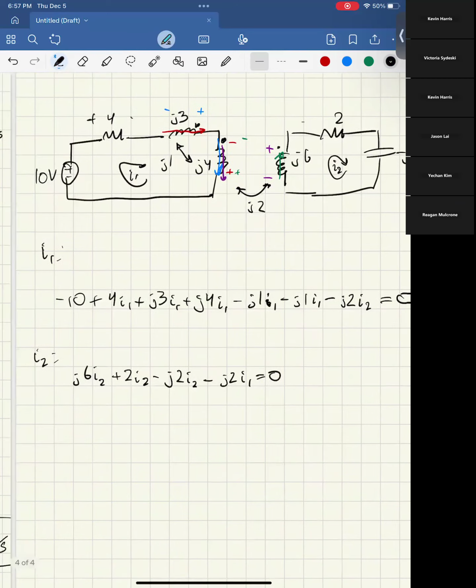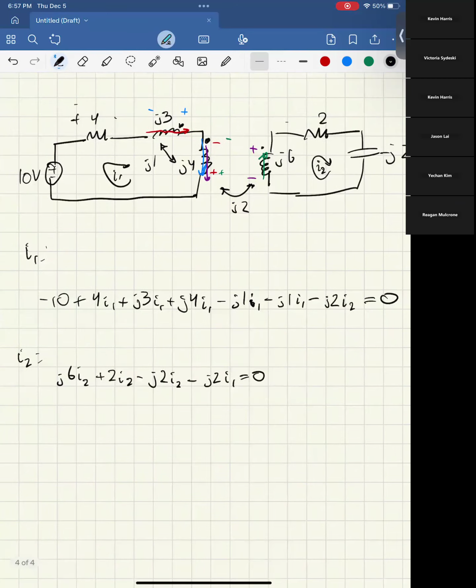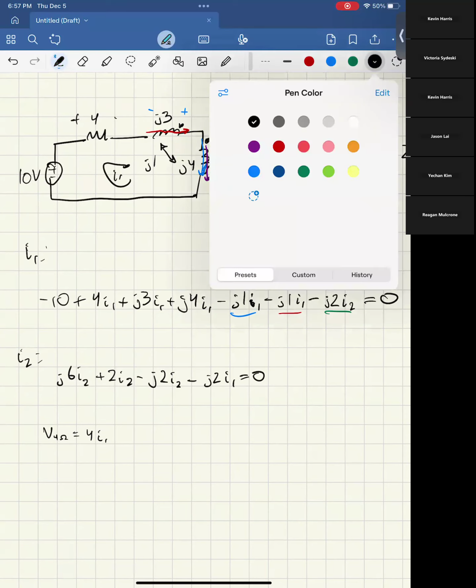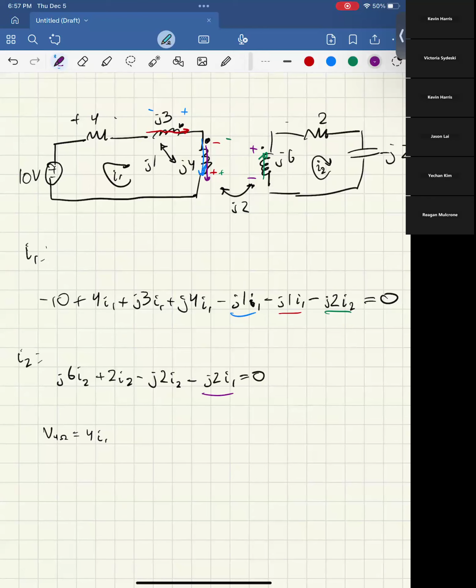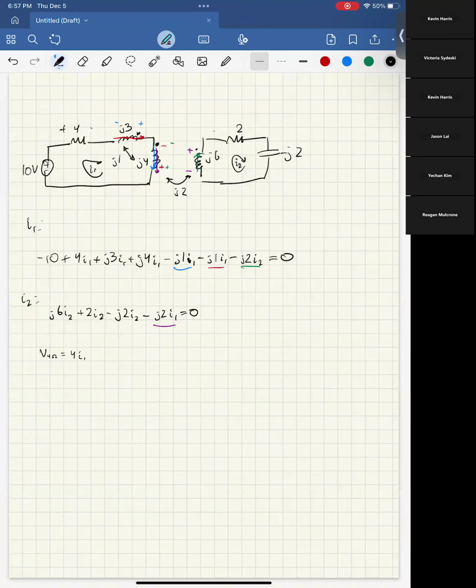And then to find the voltage across this 4 at the end, you just say V 4 ohms equals 4 times I1. Let me color code this in case it'll make a bit more sense. Okay, and that would be your final answer if this was asked on a quiz.